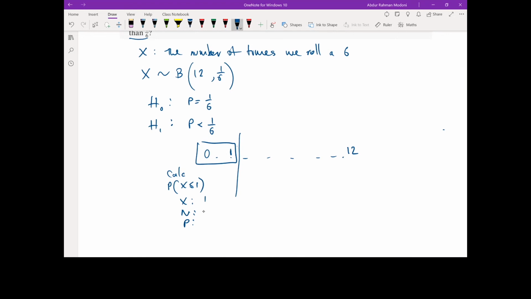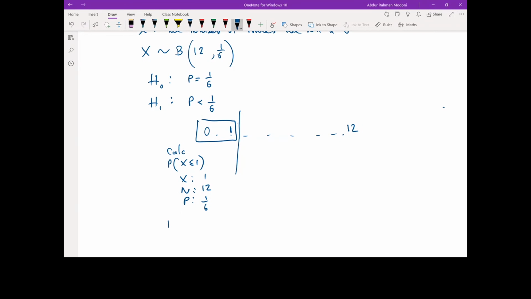What is x? 1. What is n? It goes up to 12 tries. And the probability of success, of getting a 6, is 1/6, which is what we have assumed it to be and is what we use for our calculation. It comes out as 0.3813 when you type those values into your calculator.